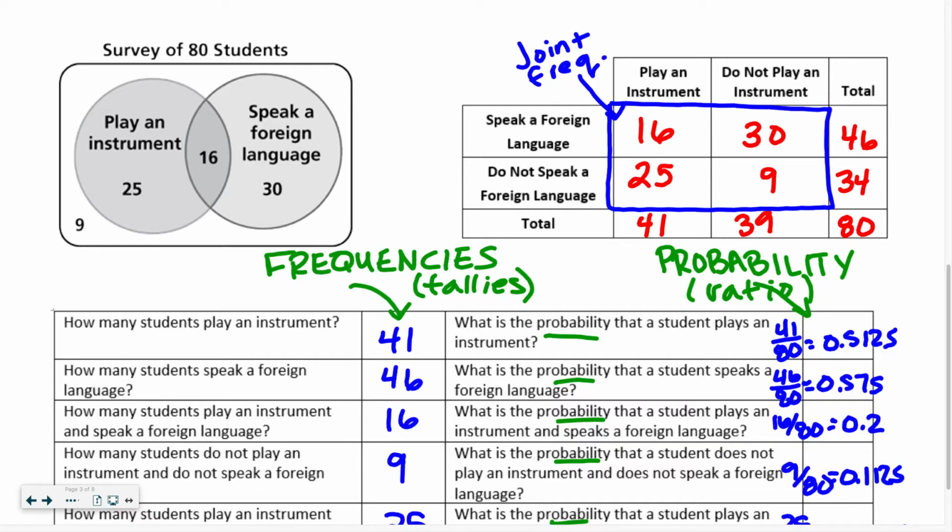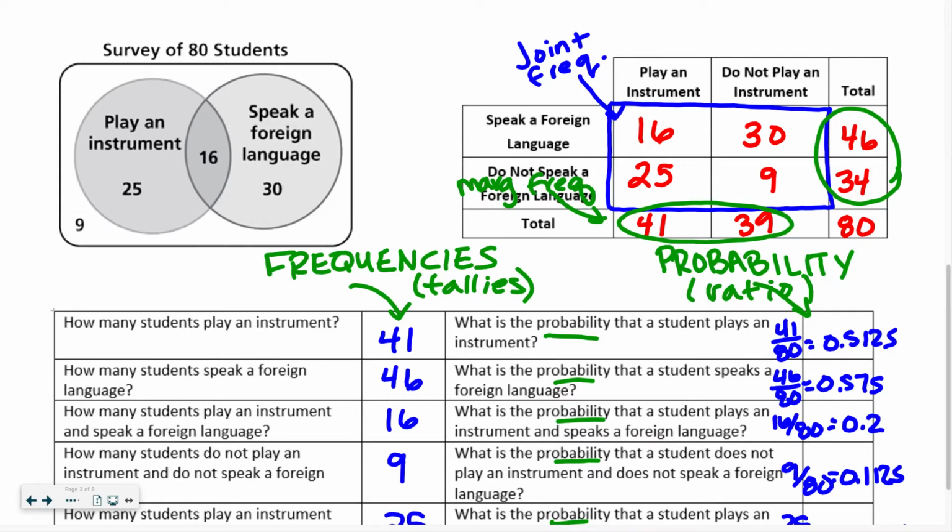The numbers, when you sum the rows or sum the columns, when they're in these total columns, those aren't joint because they're not bringing together the two different categories. These numbers right here are your marginal frequencies.